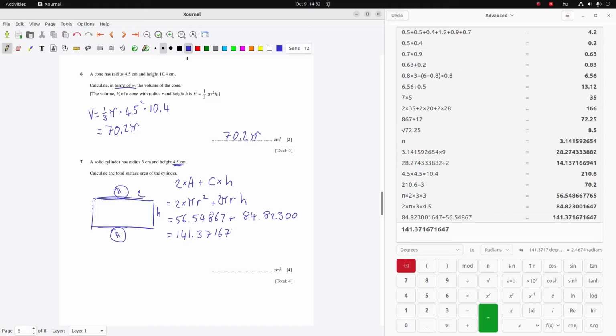Close enough. So I rounded this one quite late, and I left quite a lot of figures behind the decimal place to minimize the rounding error, and here too. But now that I've got the final answer, I'm going to leave it to 2 places behind the decimal point.